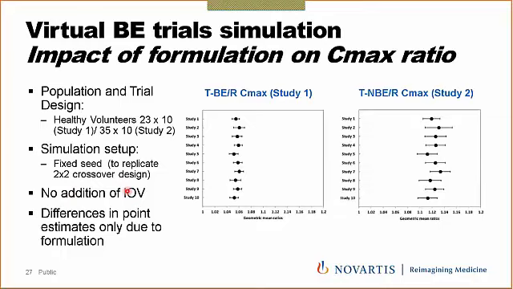So any differences that you see here, for example, in the point estimates, and here I'm showing the point estimates for Cmax at least, are attributed to the differences of the formulation because we have exactly the same disposition and elimination parameters for the subjects.